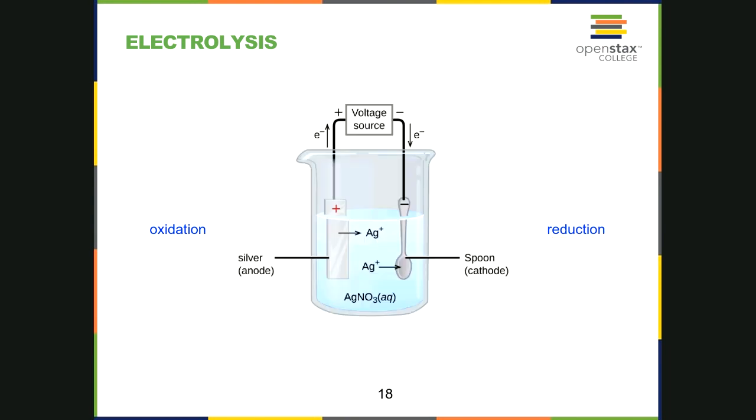Now the next slide is using this. This time we're not going to even separate into two solutions. We're just going to have in here silver nitrate, and we're going to have a bar of silver. And then we'll have a voltage source at the top, and then we attach to the other side of the voltage source, for instance, a spoon that we want to make it appear to be silver.